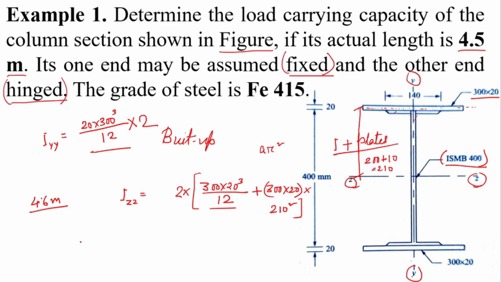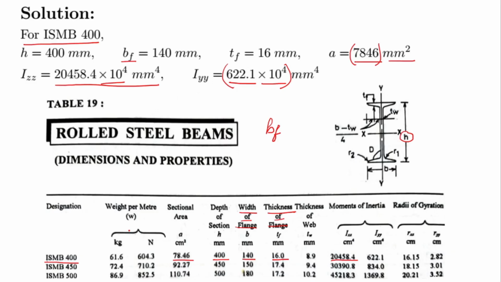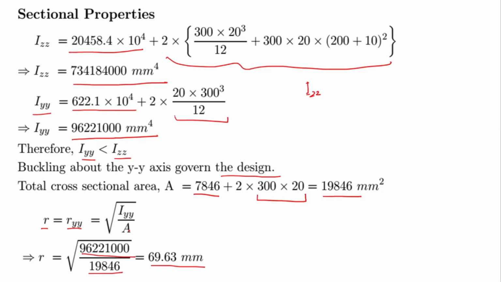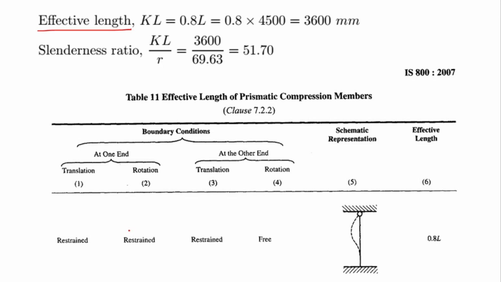So if you see the drawings, it will look roughly like this: one end fixed and the other end of the column hinged. To calculate the effective length, I have to follow table number 11 of IS 800/2007. This is also a large table, but from the table I have shown only a small part.